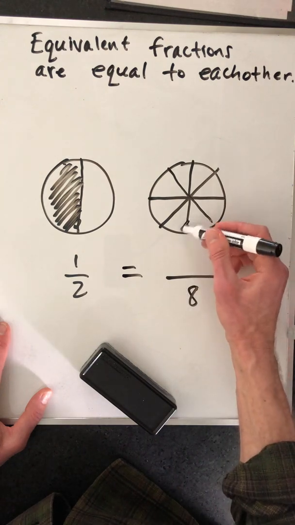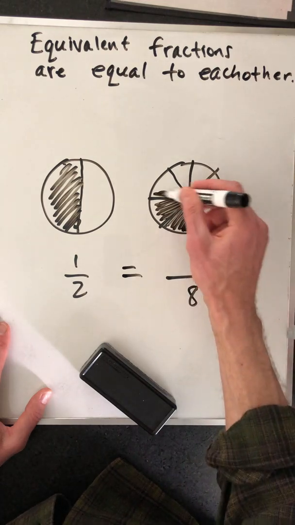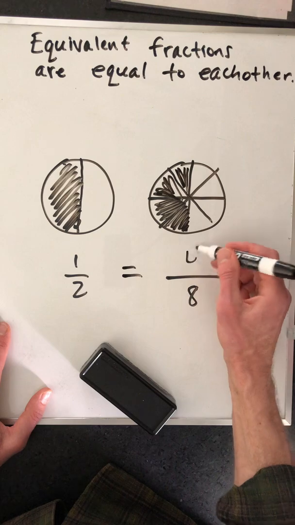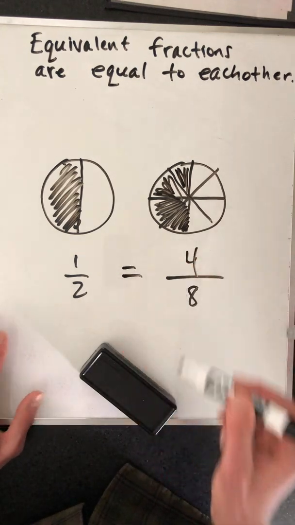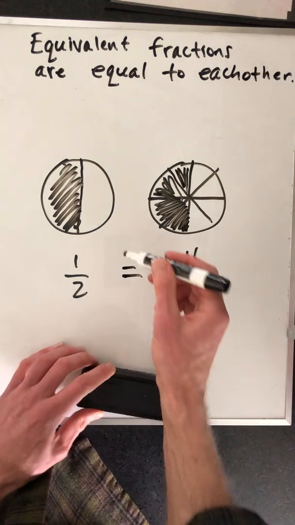And how many eighths? Well, 1, 2, 3, and 4. See, now it's the same amount of stuff. So 1/2 equals 4/8.